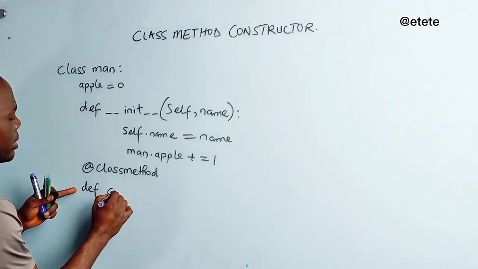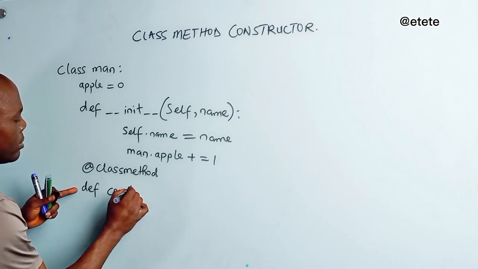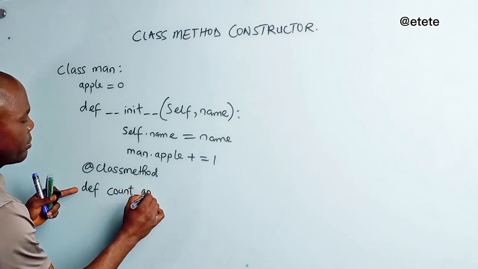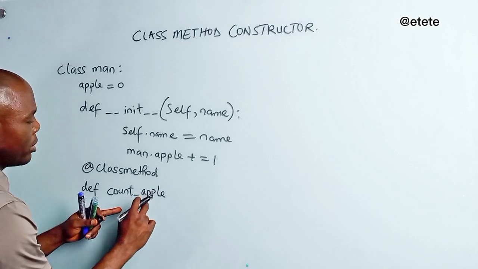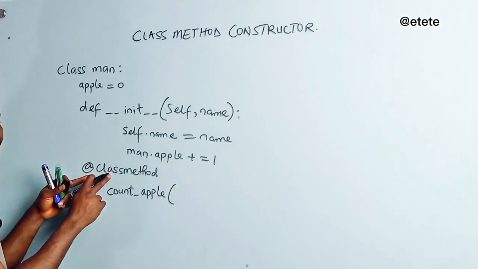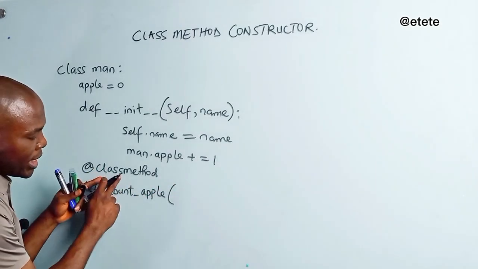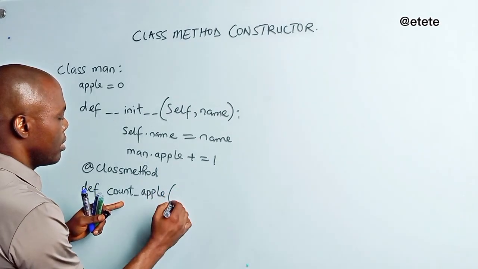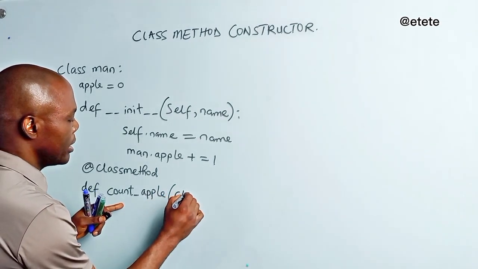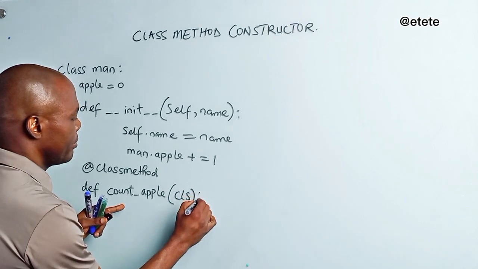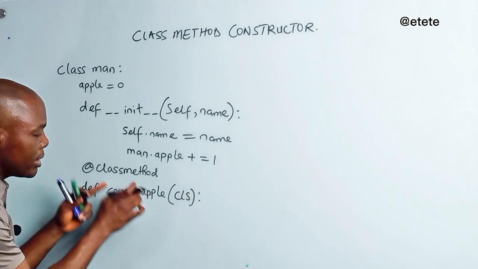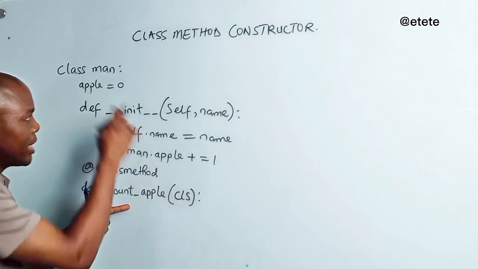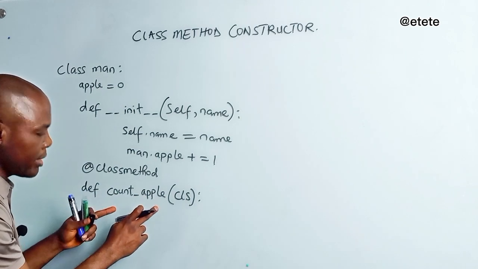We'll call it count underscore apple. That is our method name. Since it's a class method, this one will give us CLS because this is a class method. So this is going to reference the class and not the instance, right?